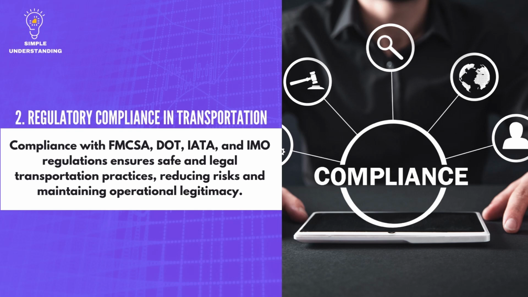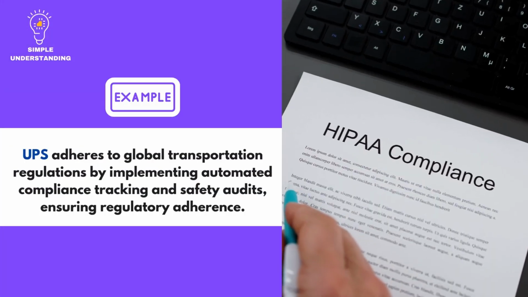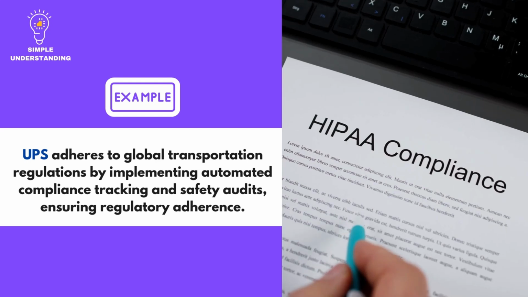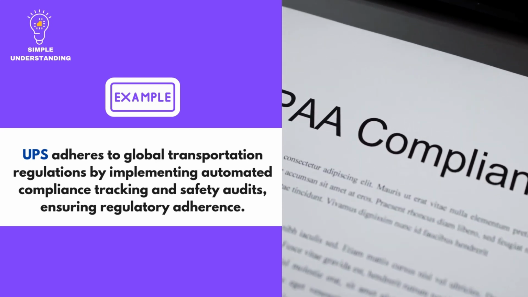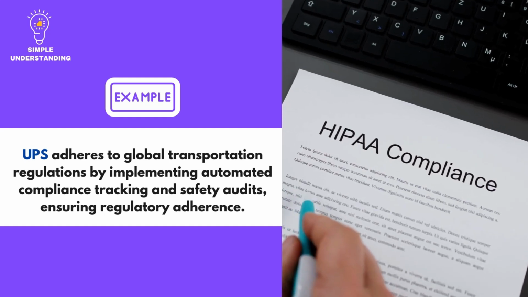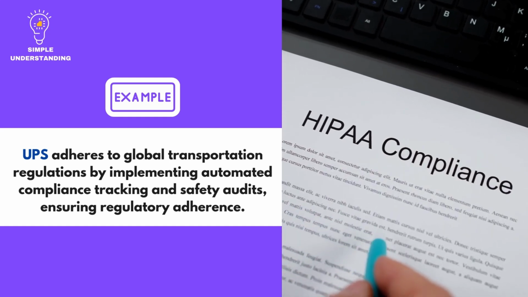Compliance with FMCSA, DOT, ITA, and IMO regulations ensures safe and legal transportation practices, reducing risks and maintaining operational legitimacy. Real company example. UPS adheres to global transportation regulations by implementing automated compliance, tracking, and safety audits, ensuring regulatory adherence.